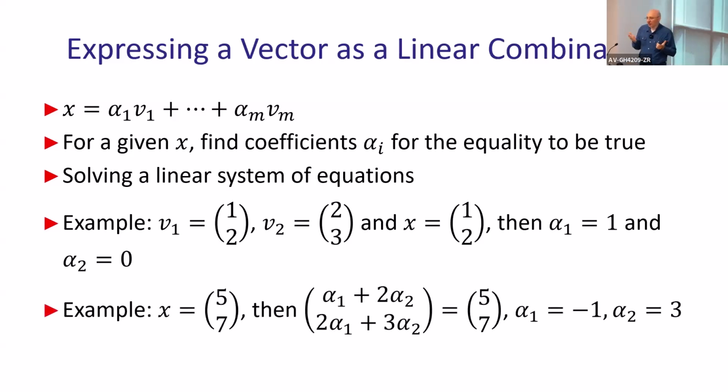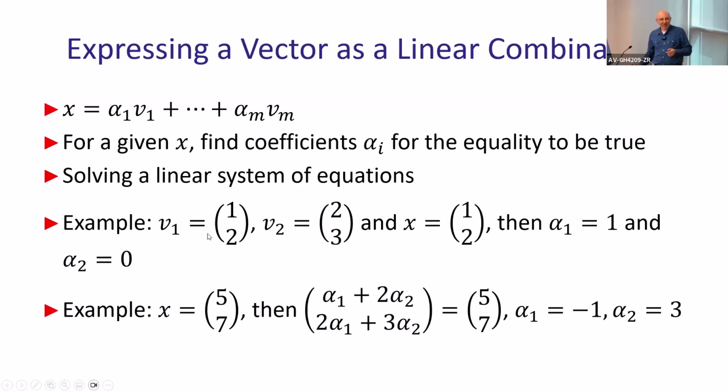Now, how about another vector, 5 and 7? You want to represent it with the same v1 and v2. So these are your vectors. 5 and 7 could be written as alpha 1 plus 2 alpha 2 and 2 alpha 1 plus 3 alpha 2, which is that linear combination, alpha 1 times this vector plus alpha 2 times this vector. Okay, so this will be that thing.